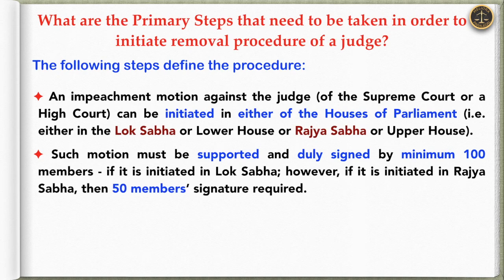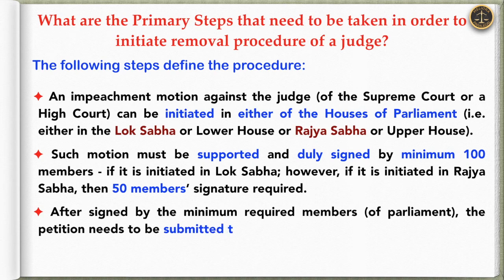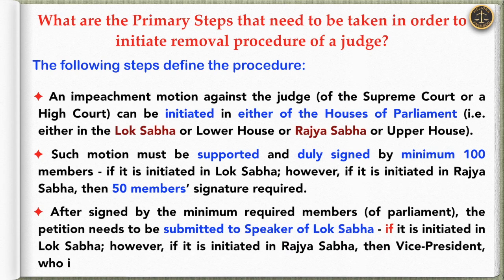However, if it is initiated in Rajya Sabha, then 50 members' signatures are required. After being signed by the minimum required members of Parliament, the petition needs to be submitted to the Speaker of Lok Sabha if it is initiated in Lok Sabha. However, if it is initiated in Rajya Sabha, then to the Vice President, who is by default the chairman of Rajya Sabha.